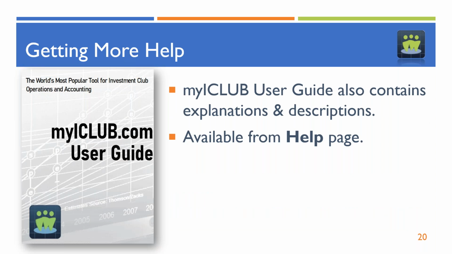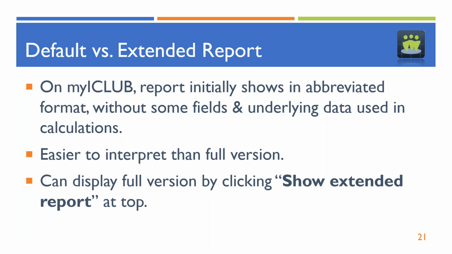Also point out that our user guide has several pages that describe the report and how to use it. It describes how to link your SSG stock studies from SSG Plus and all of the other aspects of the site. We will be doing a little update of the manual later this year as we roll out some new features and functionality, but you can always download the most recent version from the help section of myICLUB.